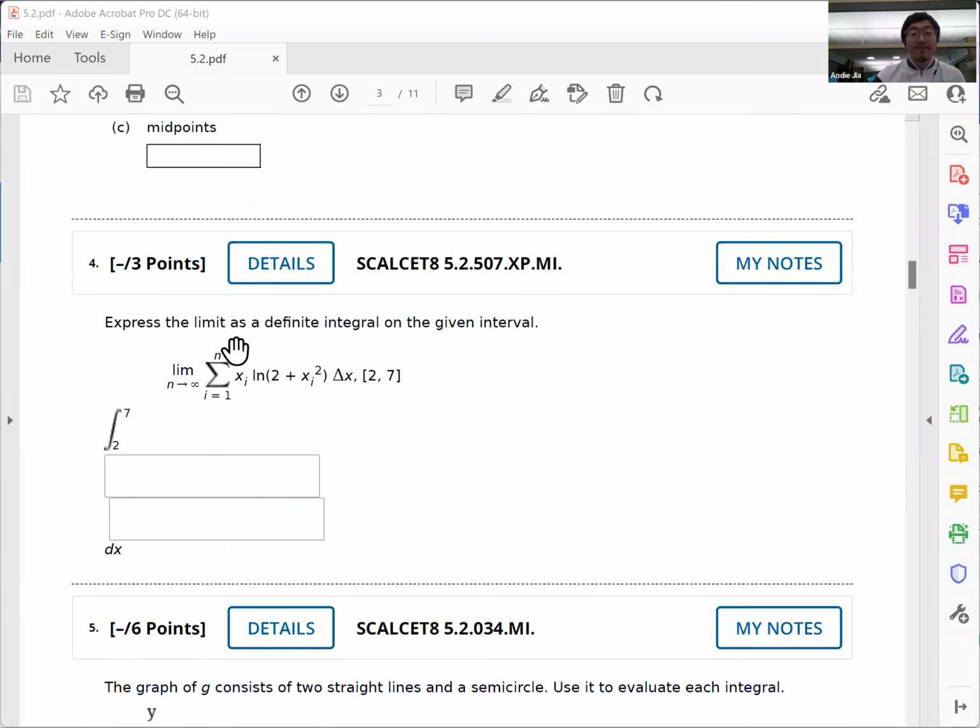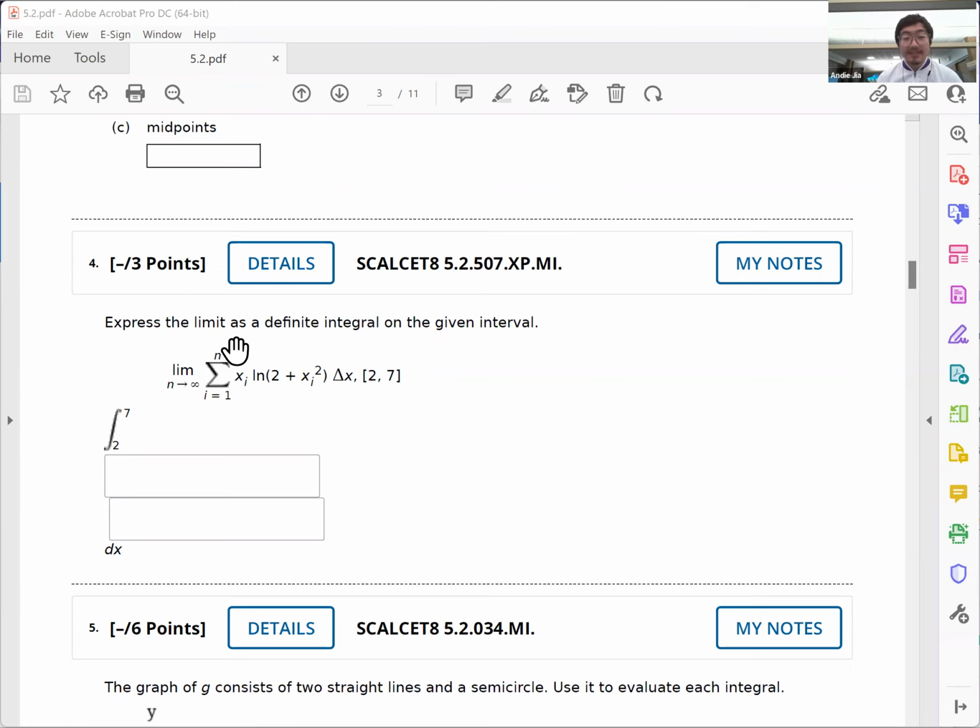For number 4, we do the reverse of what you did in section 5.1. In 5.1, we converted the function into Riemann limit form, and now we turn the Riemann limit form back into a normal function, into Cartesian form.